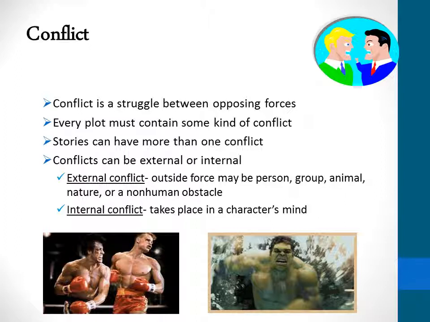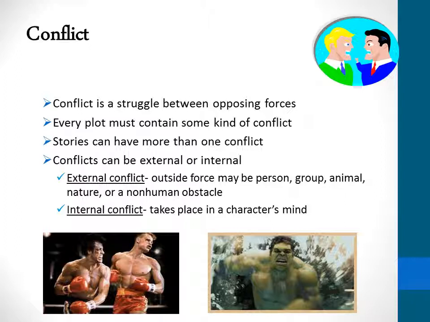Anyway, the conflict for him is external. He's fighting the Russian. This was during the Cold War in the late 1980s. So, this represented a conflict that had a political overtone to it. So there was a lot of external conflict going on in this movie.